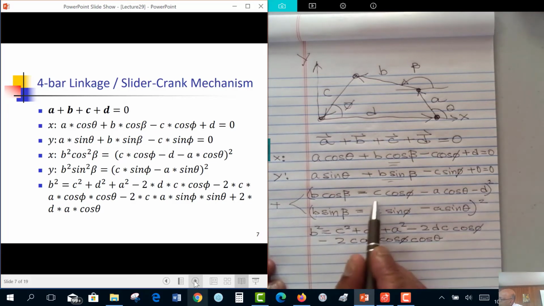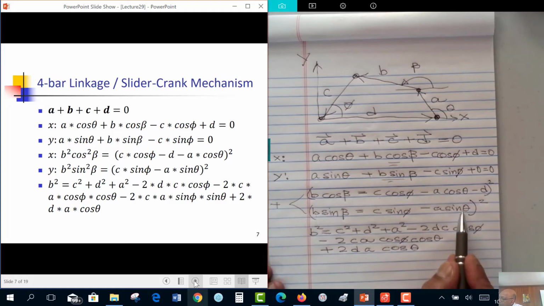We have done D and C, we have done A and C, we have to do A and D. So A and D will become plus 2DA cosine theta, that is the last term on my slide. Then we'll have two terms from these.